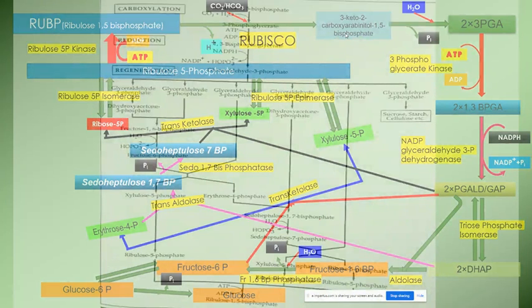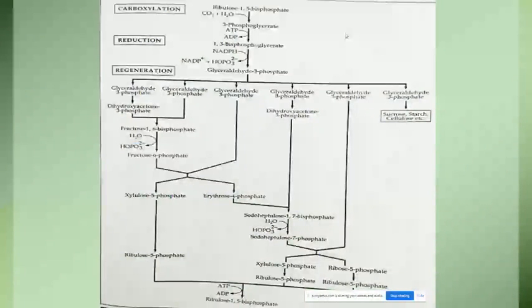So again for recapitulation, for remembering, the first step is RuBP attached with CO2 and H2O to produce 3-phosphoglyceric acid. 3-phosphoglyceric acid goes to 1,3-bisphosphoglyceric acid, then to glyceraldehyde 3-phosphate. Glyceraldehyde 3-phosphate has an isomer, dihydroxyacetone phosphate.